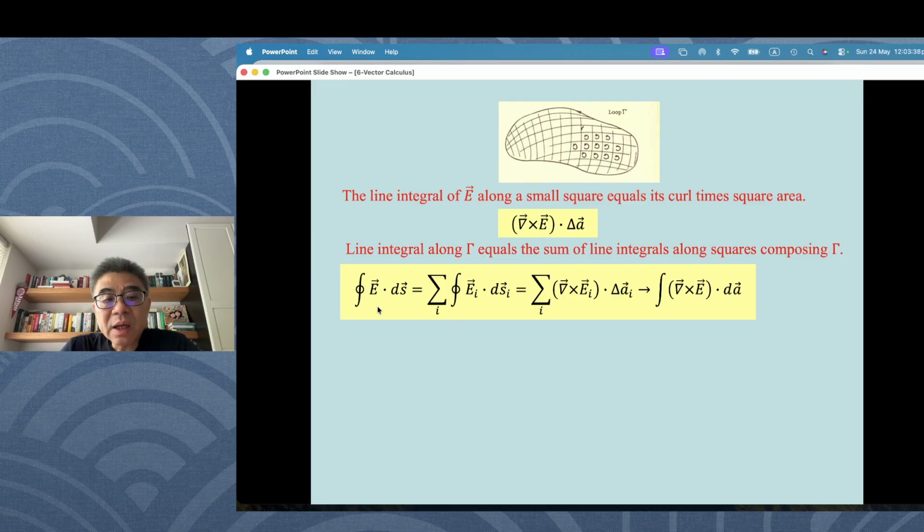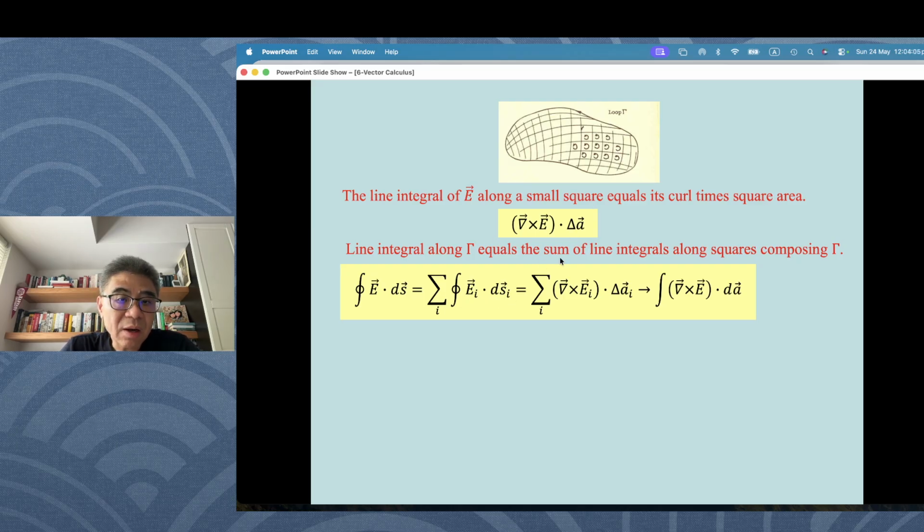Then the line integral along gamma will be equal to, as I have shown last page, the line integral along every small square, summed up together. Okay, so we get a sum over i of E_i dot ds_i, which is the line integral along the ith square.